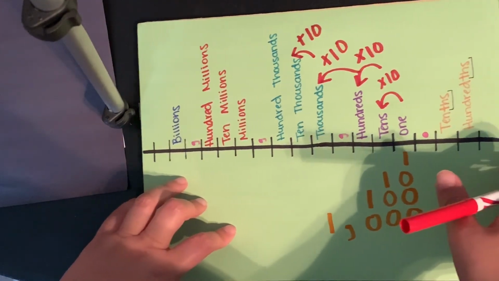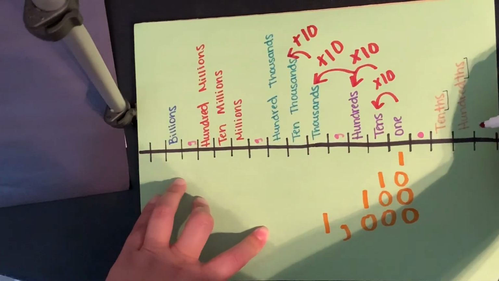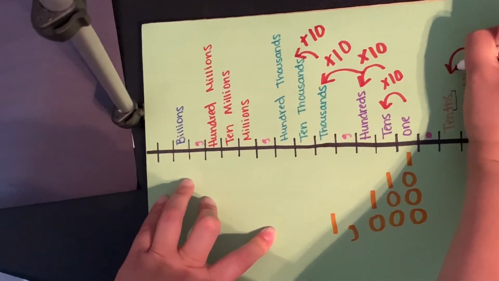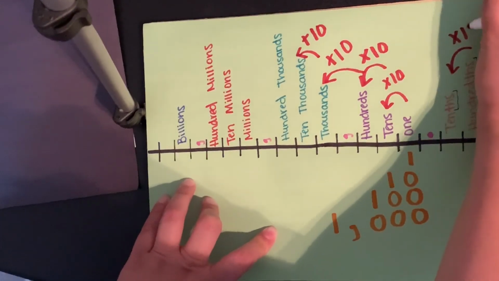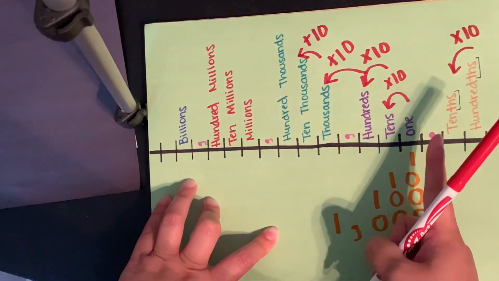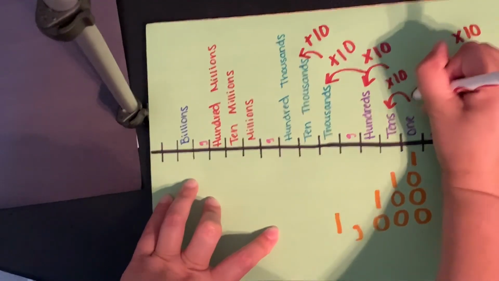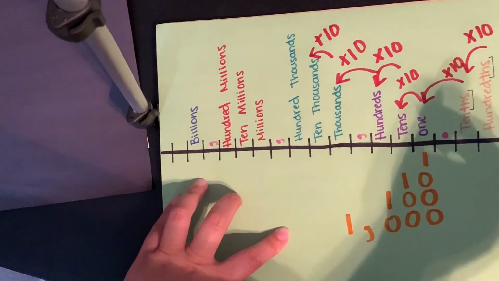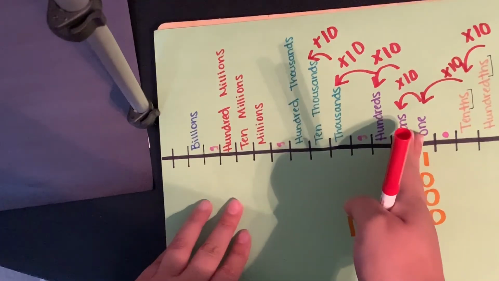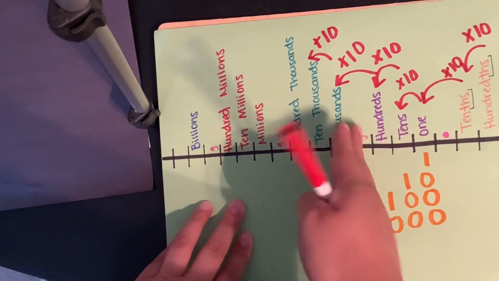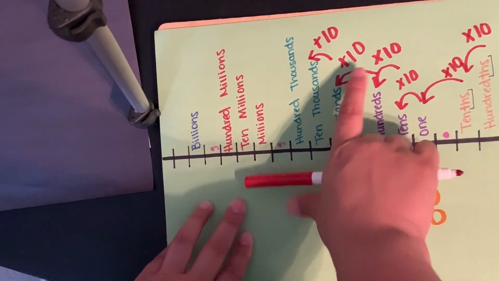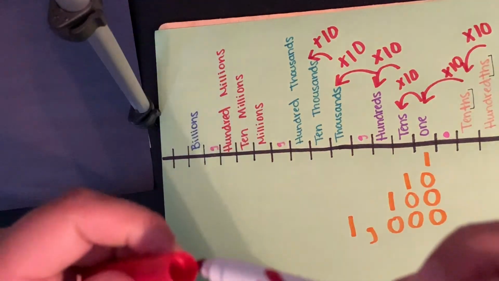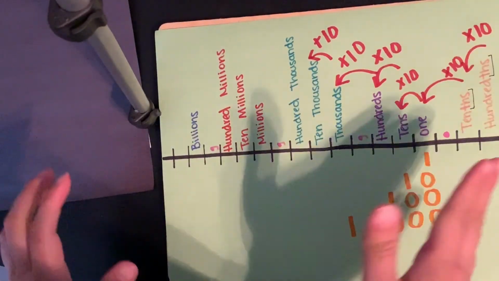This same pattern happens everywhere. If I go from the hundreds 1 to the left, tens is 10 times greater. From tenths to 1 is 10 times greater. So anytime you move 1 to the left, you are getting 10 times bigger than where you started. But what if we go to the right?